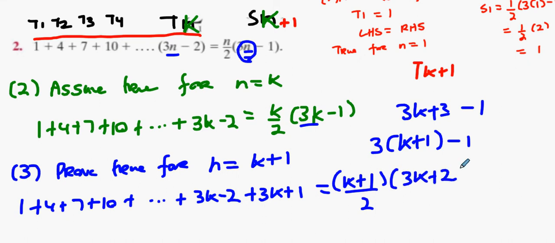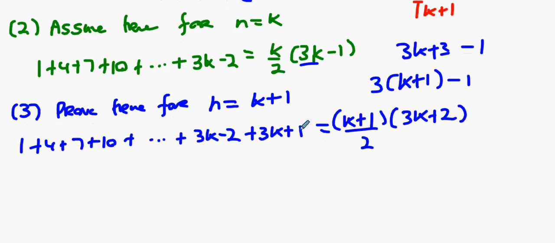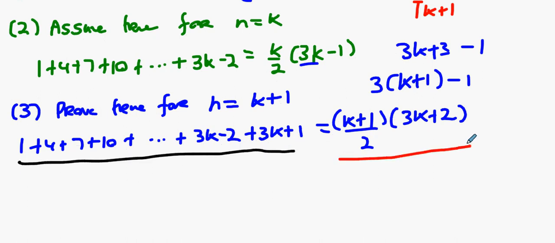Now, your job is to conclusively prove that it balances. That the left hand side, underlined in black, equals the right hand side, underlined in red. You have to prove that. Now, using the same trick that we did earlier, what was it?